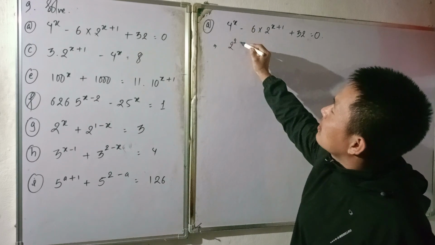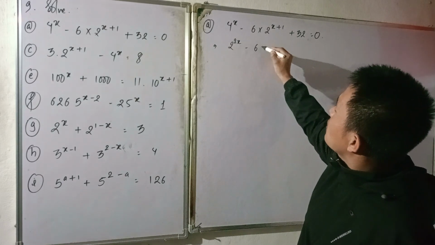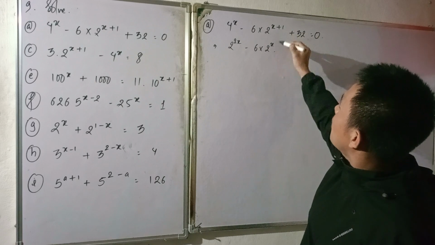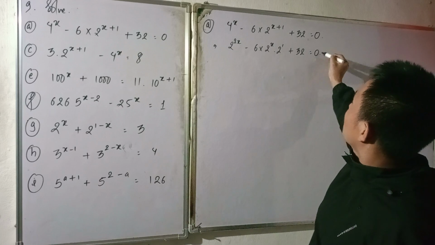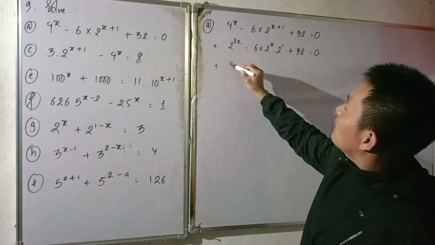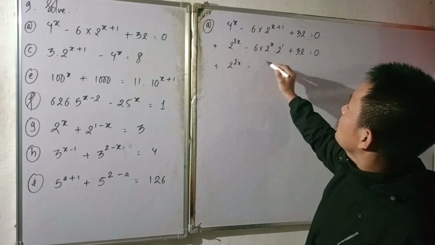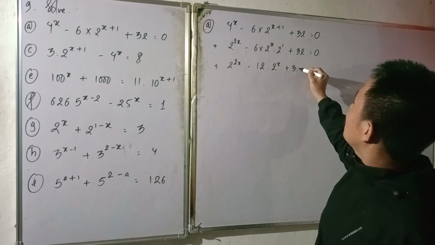So this x is already here. Now minus 6 into, disintegrate this 2 power x plus 1 into 2 power x and 2 power 1, which is 2 again. So now 2 power 2x minus 6 times 2 is 12, 2 power x plus 32 is equal to 0.